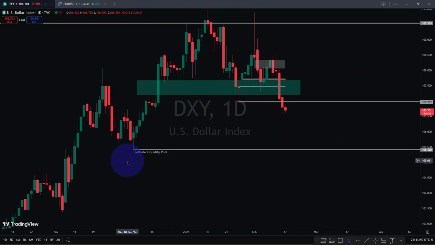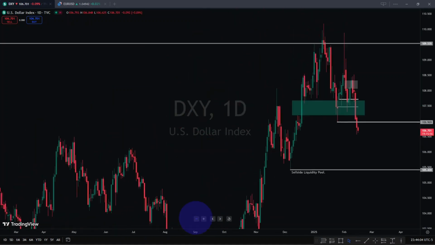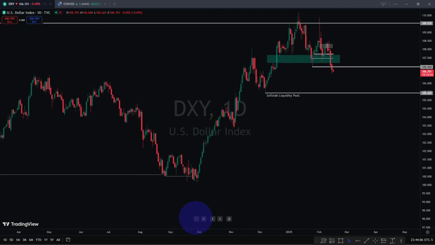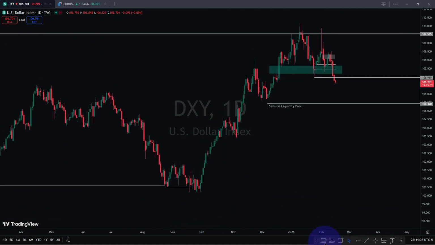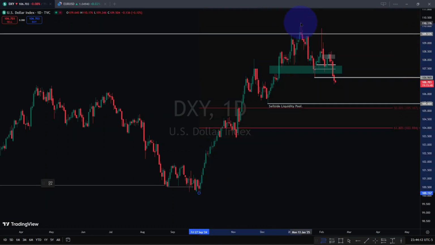All right, we could still assume more sell side objective, but if you recall, the reason why I had sell side liquidity pool here, at the start of I think February's trading, was this was the midpoint of this current dealing range. So if you look at this range from low to high, you can see this is the equilibrium price point.